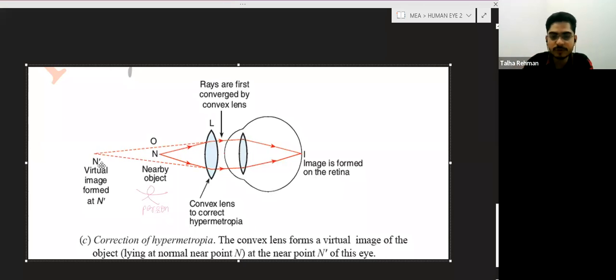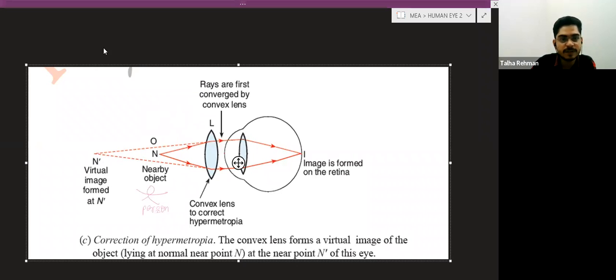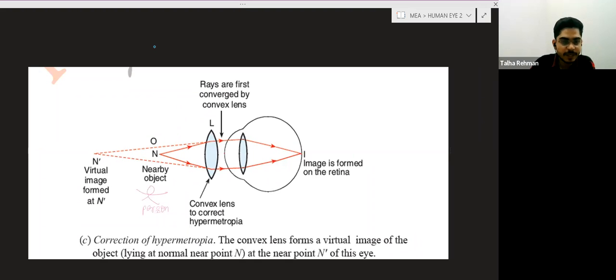This is the virtual image formed by this lens at the near point of the hypermetropic eye.